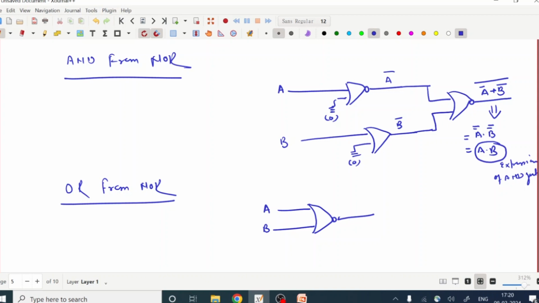Then this output of the NOR gate goes to another NOR gate, whose other input is ground, and this is the output Y. Here the output Y is written as (A plus B) whole complement, and this second gate is just like a NOT gate. So Y is equal to (A plus B) double complement.